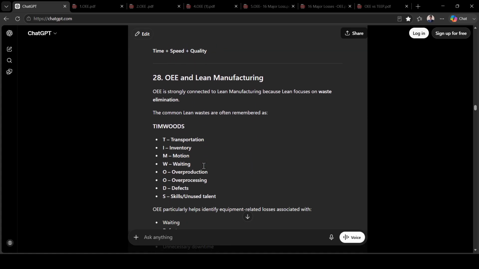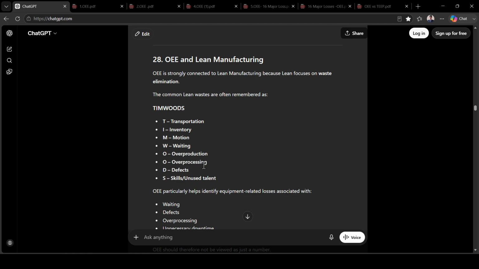So OE and lean manufacturing. OE is strongly connected to lean manufacturing because lean focuses on waste elimination. The common lean wastes are often remembered as TIMWOODS. T means transportation, I means inventory, M means motion, W means waiting, O means overproduction, O means overprocessing, D means defects, S means skills or unused talent.